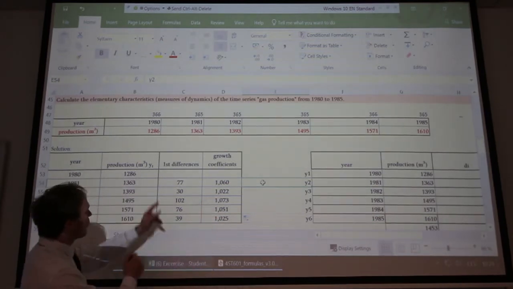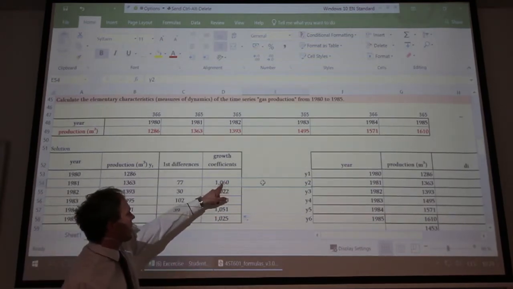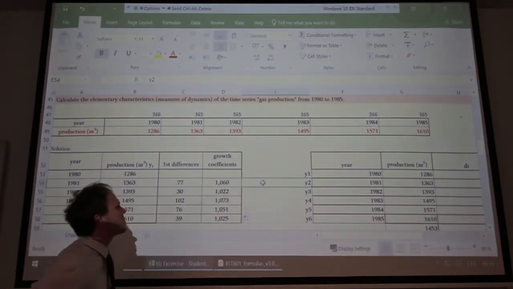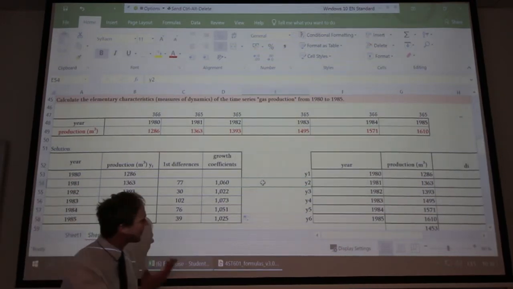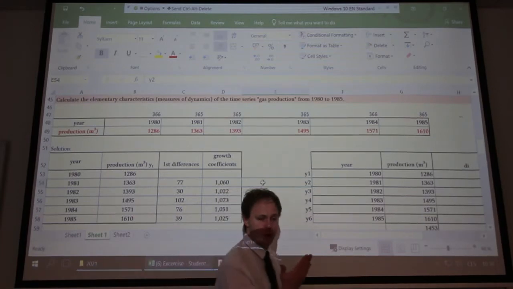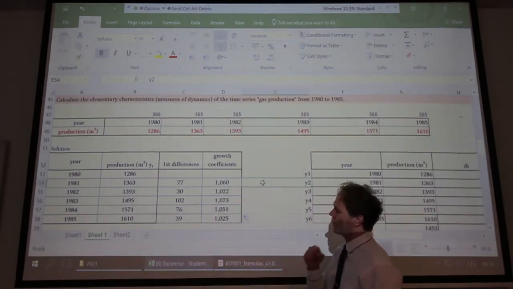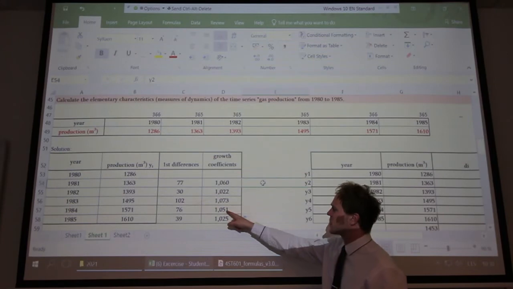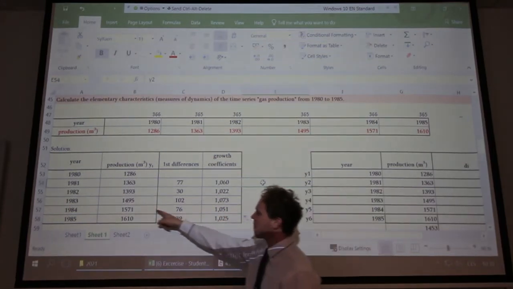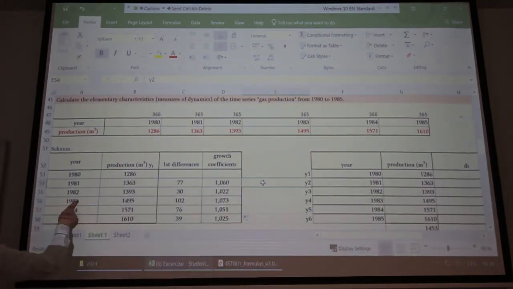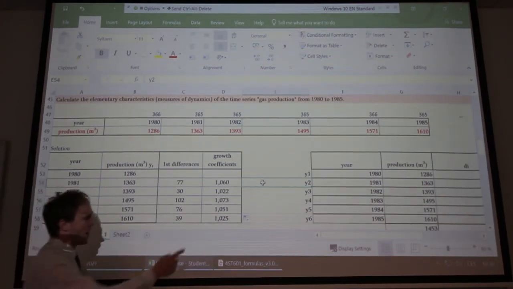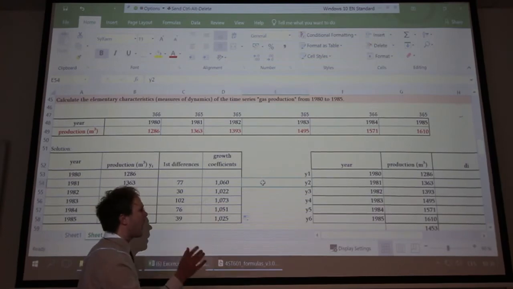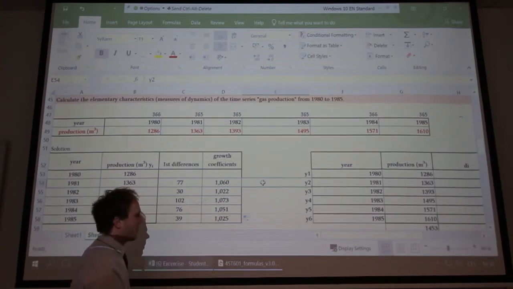For example, the first value, 1.06. What does it mean? It means that between year 1980 and 1981, the production of gas increased by 6%. For example, this value 1.051: between years 1983 and 1984, the production of gas increased by 5.1%.